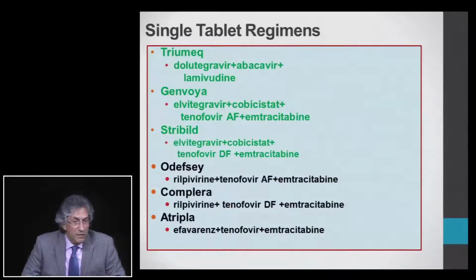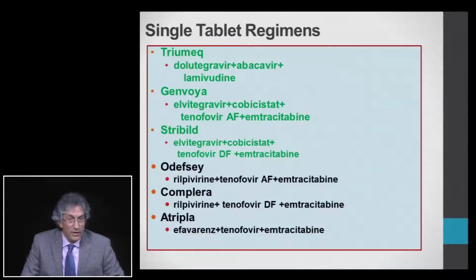Here I remind you of the 6 licensed single-tablet regimens that are available in the United States, half of which are on the top first-line regimen recommendations. Triumeq we discussed, Genvoya we discussed, Stribild we discussed. They're in those tables we've looked at.